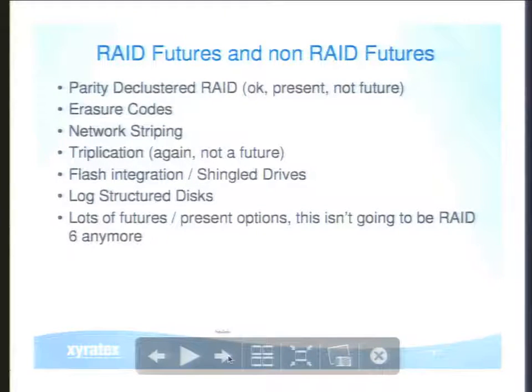Right. Everybody knows that forward error correction and erasure codes are the same thing. So it's just reinvented with a new label. Now it's a great marketing term. There's going to be network striping, in other words, RAID done over a local area network. There has been triplication. It's been around for quite a while.